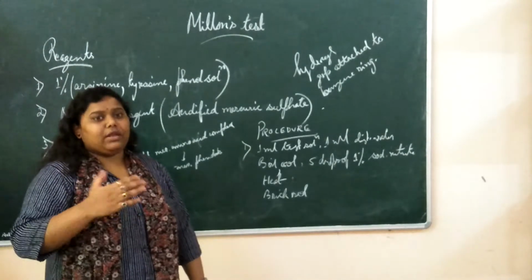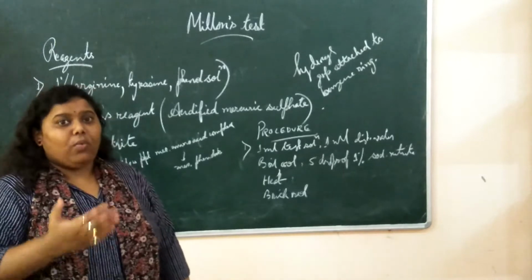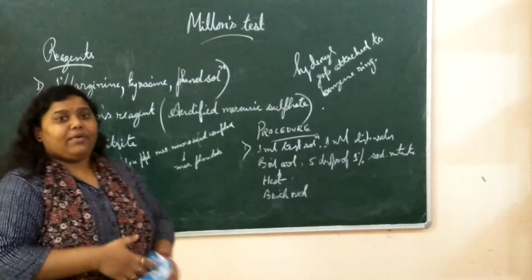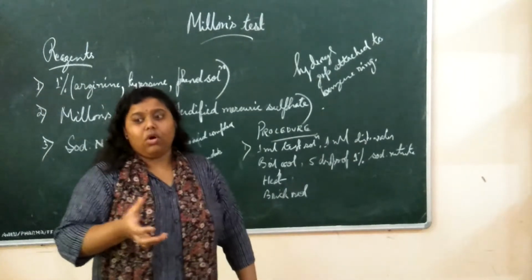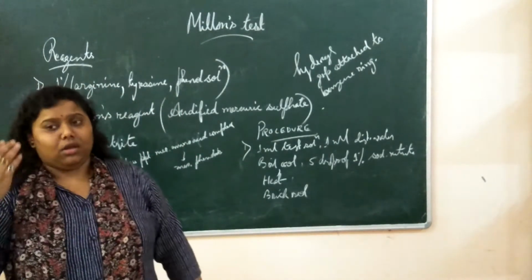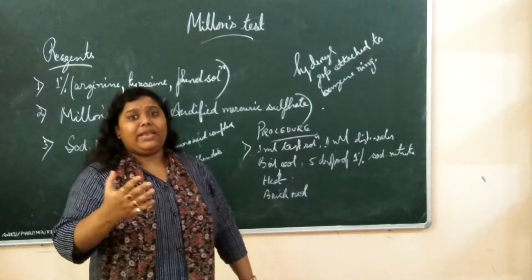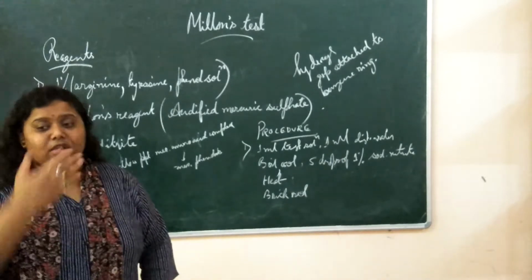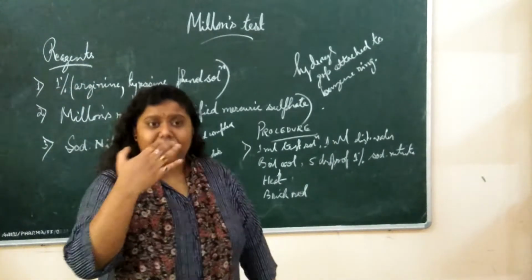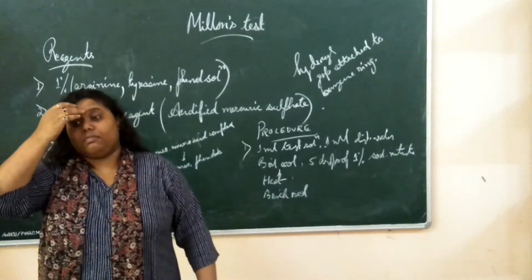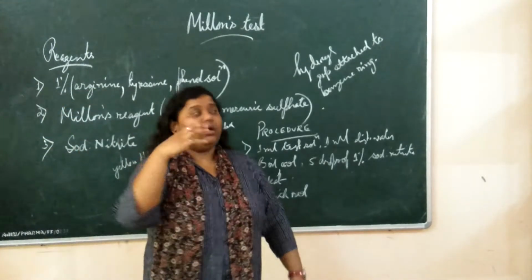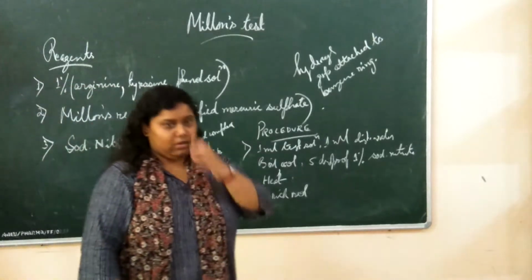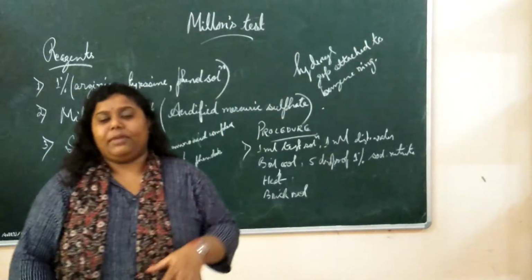When this complex is reacted with sodium nitrite and heated, a red complex is formed. The red color appears on heating, and the mercuric amino acid complex converts to mercuric phenolate. That was the principle of Millon's test.